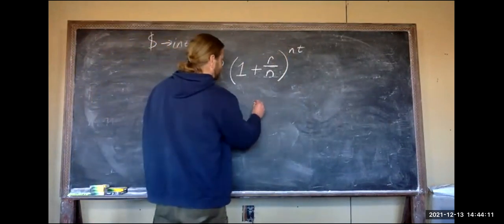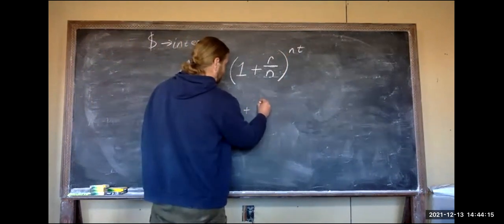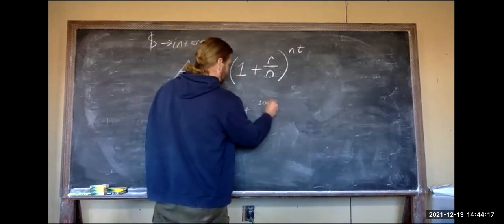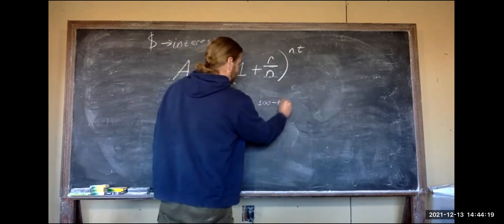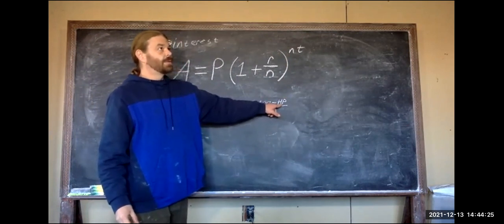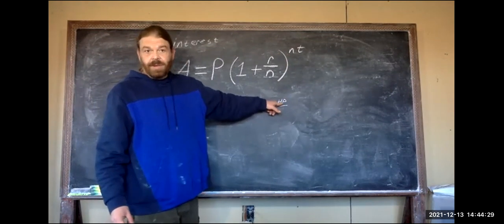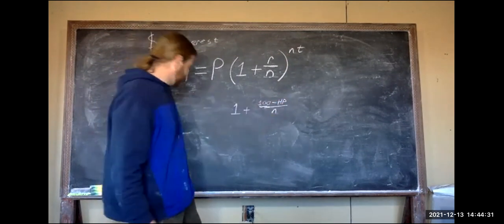I think I wrote that wrong a second ago. 1 plus 100 minus hit points over the number of times. So that way, as the character gets weaker, I think I'm still writing that wrong.